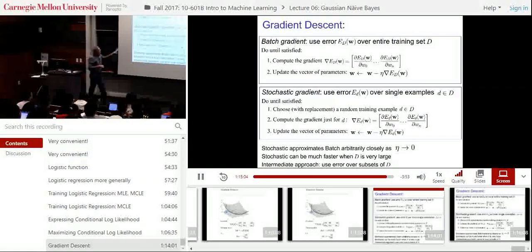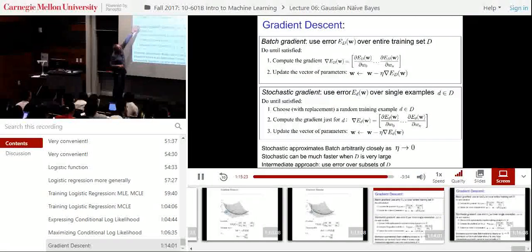There's the second approach, which is introduced simply as a computational efficiency issue, or at least that's the dominant reason. It's called stochastic gradient descent. Instead of using the whole set of training data to compute the gradient on each step, you just randomly choose a training example.